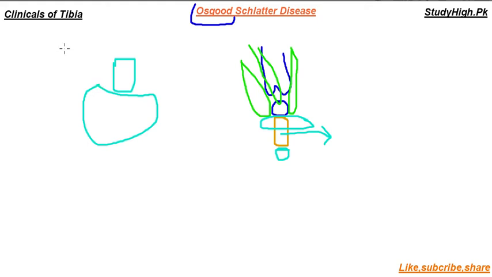First of all, you must know what Osgood Schlatter disease is and what the cause of this disease is: inflammation of the ligamentum patellae, and what the origin and insertion of the ligamentum patellae and tuberosity are. There is an inflammation of the ligamentum patellae or tibial tuberosity.